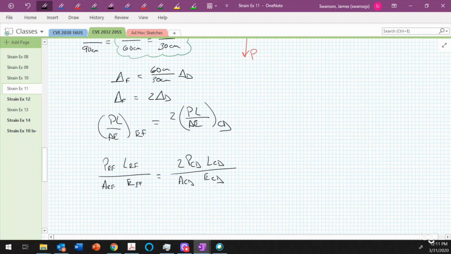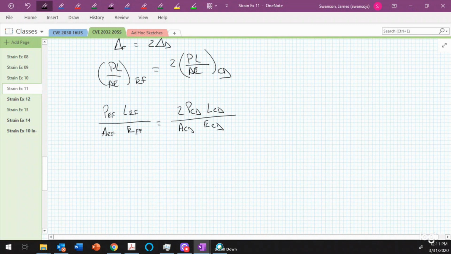Excuse me. So now what we can do is a little bit of substitution. Let me solve for one of these member forces first. I'll solve for P sub EF.